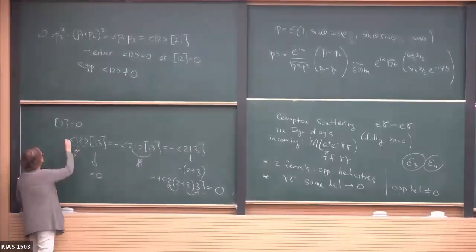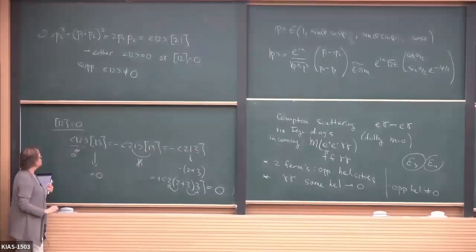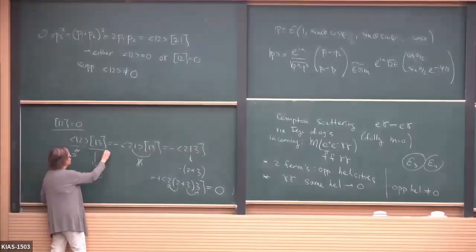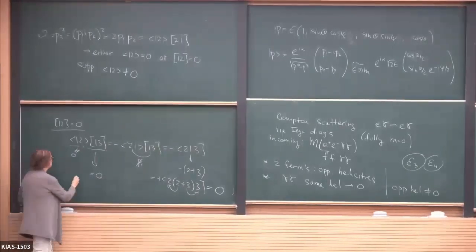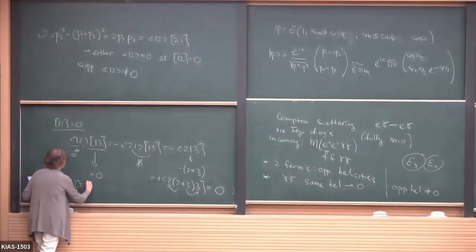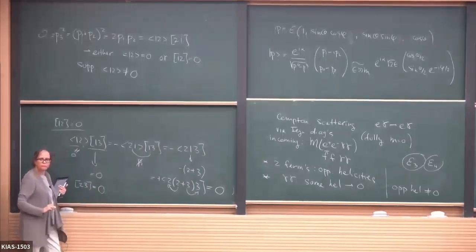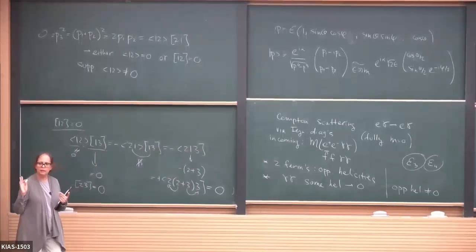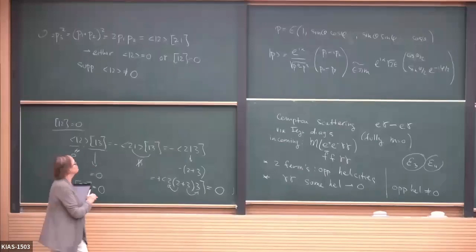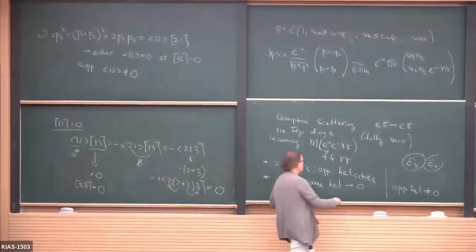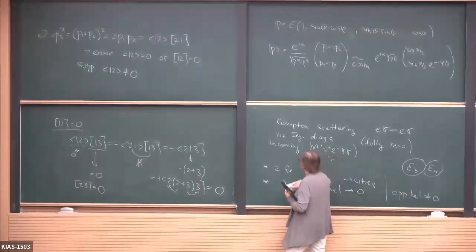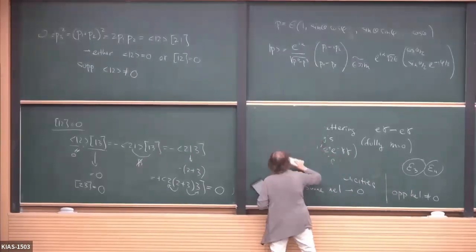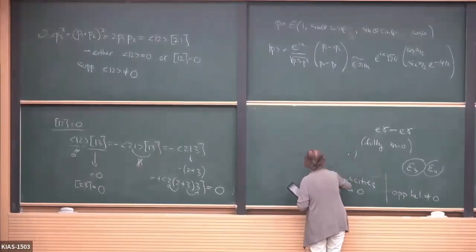So we started with [1 2] squared being 0. Now we find that [1 3] squared is 0. And if we repeat the same manipulation, we'll also find that [2 3] squared is 0. That is, all the squares are 0. So notice that this is completely general. We didn't assume anything about the spins of the particles.